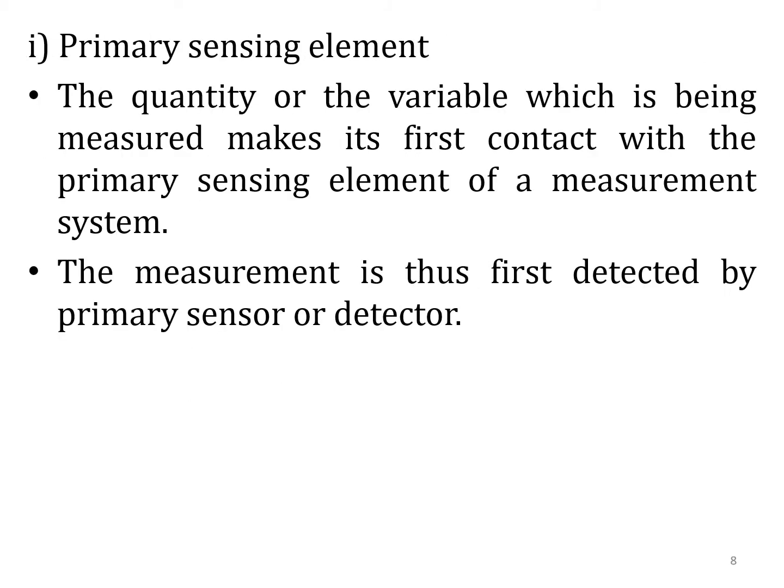The first one is the primary sensing element. The quantity or variable being measured makes its first contact with the primary sensing element of the measurement system, and the measurement is thus first dictated by the primary sensor or detector.